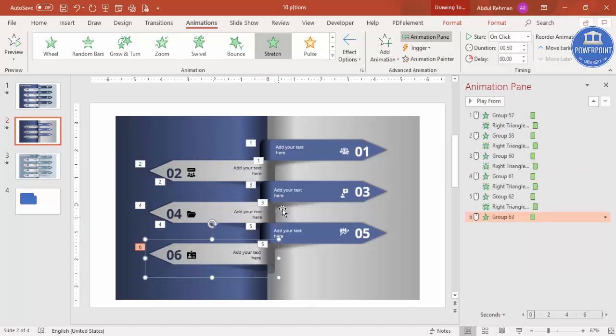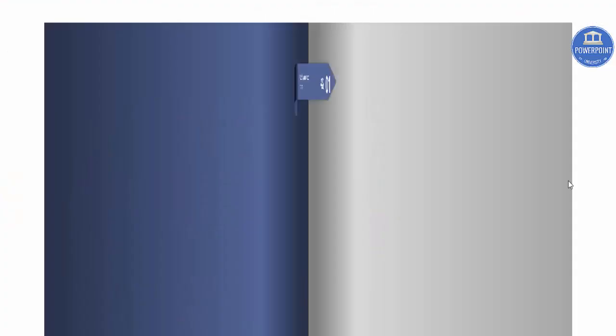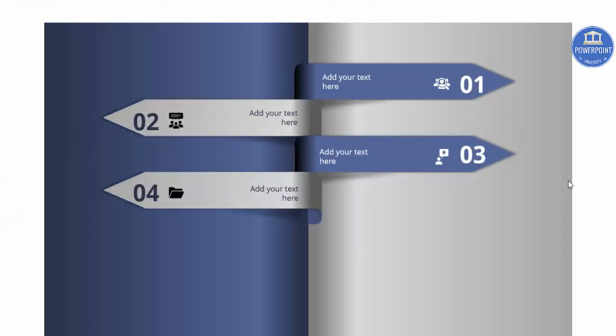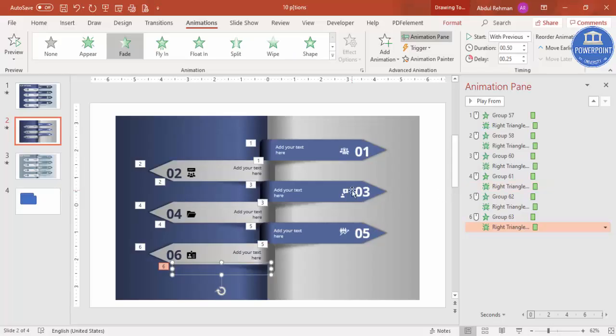And this also Animation Painter, I can select any, and I will apply on this one. So if I just play now, you can see here this is the first option, second option, third option, fourth option, fifth option, and sixth option. So it's very simple to do it, and if you have enough space here, you can add 2 more options also.